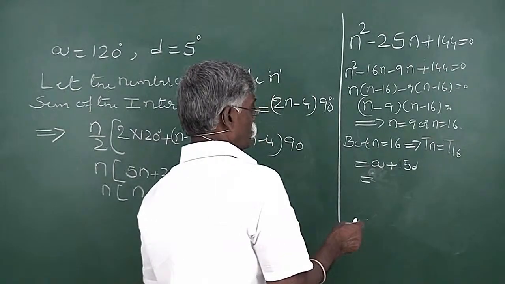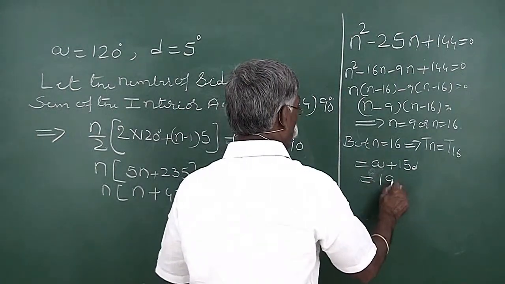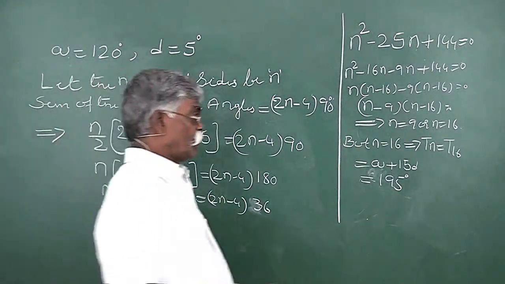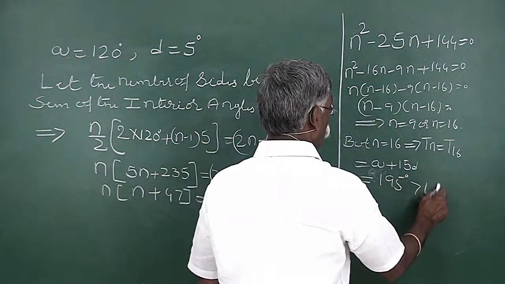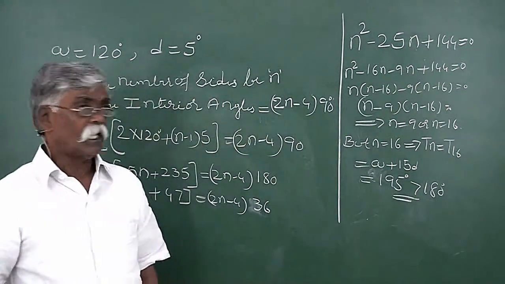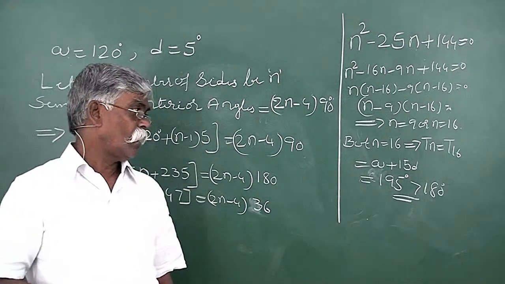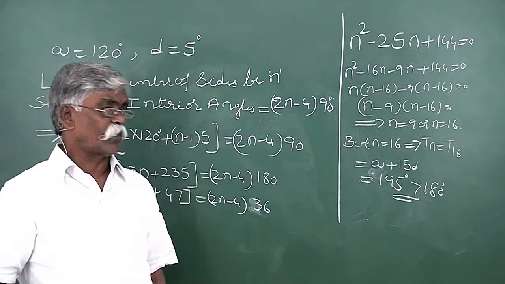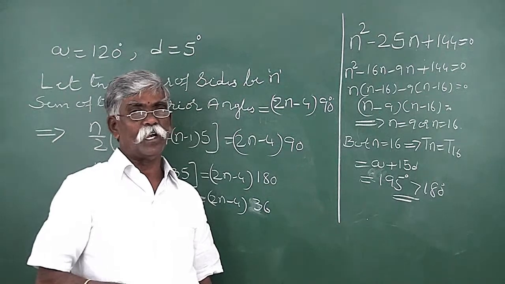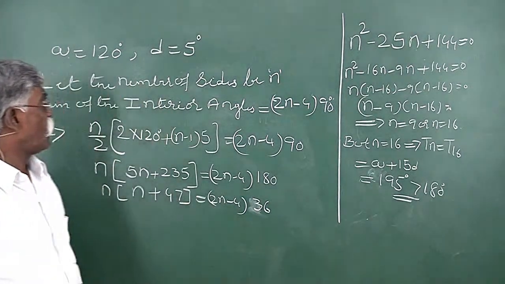So 15 into 5 is 75 and this is 120, 195 degrees. This is greater than 180, and hence n cannot be 16 because any angle should be below 180 only.